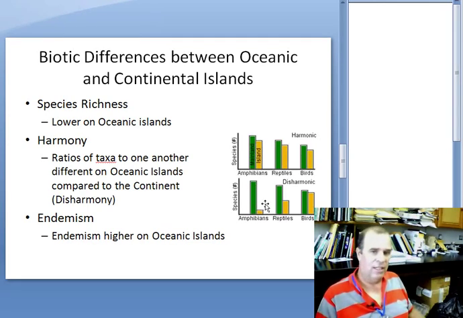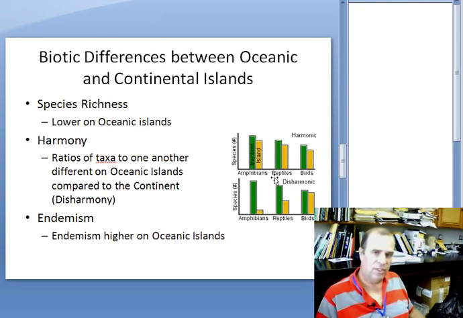The reason for that is because amphibians do not disperse very well across salt water, whereas birds do, because they can fly. So the ratio of island amphibians to mainland amphibians is very biased towards the mainland.